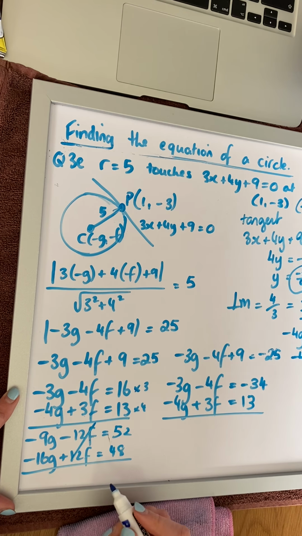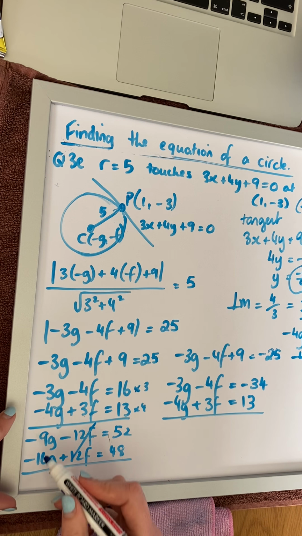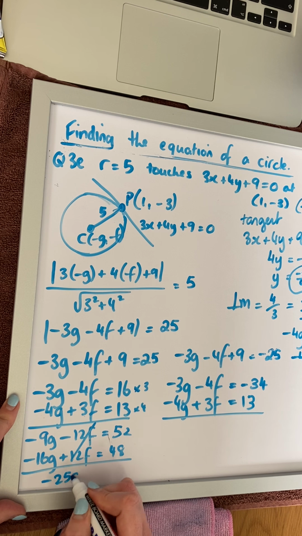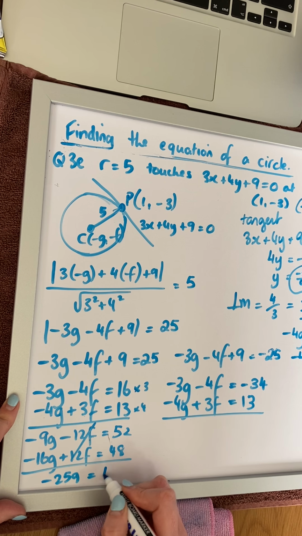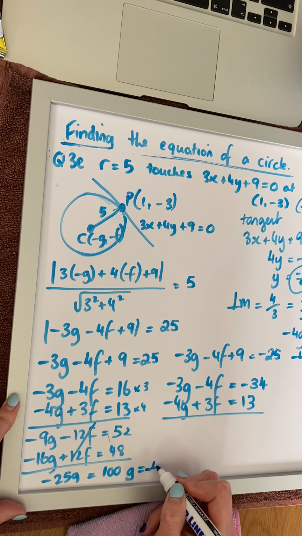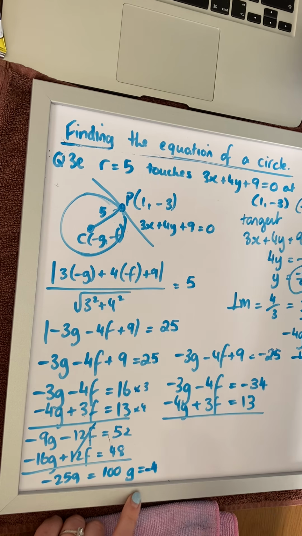So plus 12f and minus 12f will eliminate each other there. We have minus 9g plus minus 16g is minus 25g is equal to 100, meaning that we get g is equal to minus 4. So that's one scenario.